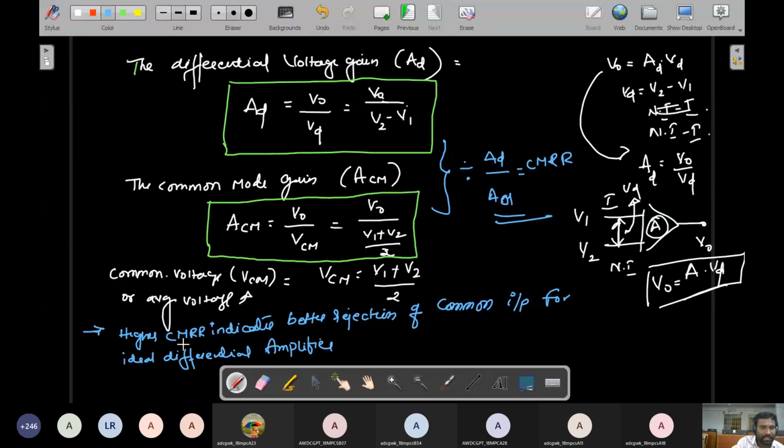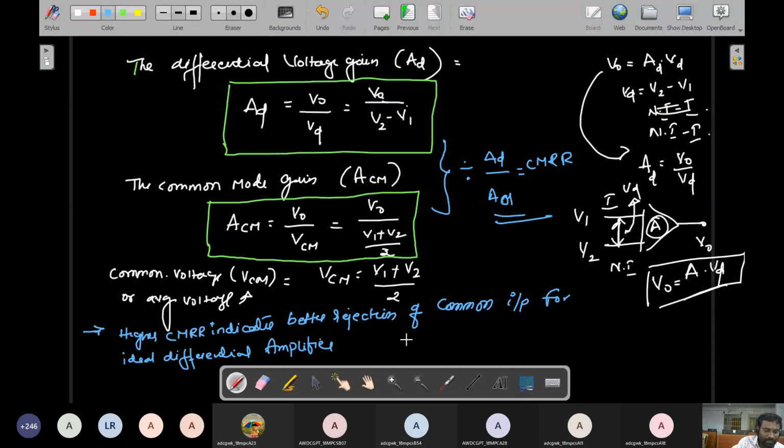Understand? So if this value is higher, then it shows better rejection of common input for an ideal operational amplifier. Okay, so the ideal differential amplifier.